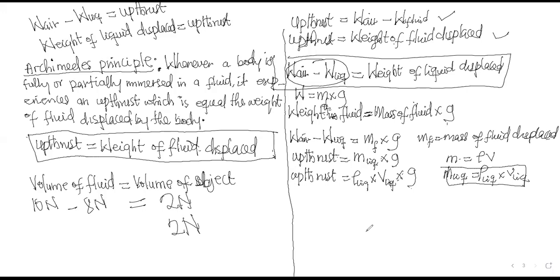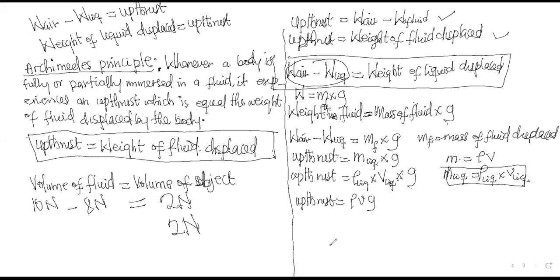So upthrust is simply rho Vg. But you must take note that rho is the density of the liquid displaced, V is the volume of the liquid displaced, and g is gravity.